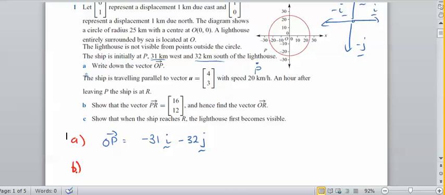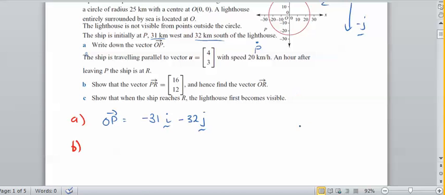The ship is travelling parallel to vector u. So if you think about it, what is vector u? Vector u is 4i plus 3j. Now, if we were to draw the vector 4i plus 3j, you get the idea that we're going across, we're going up.